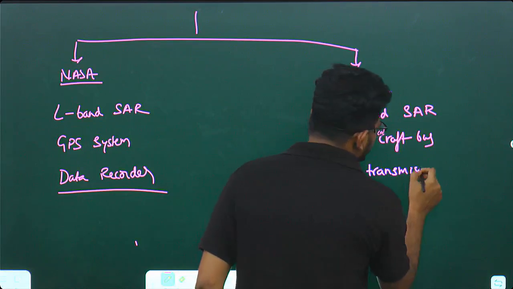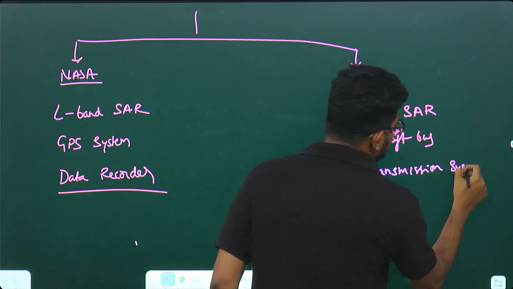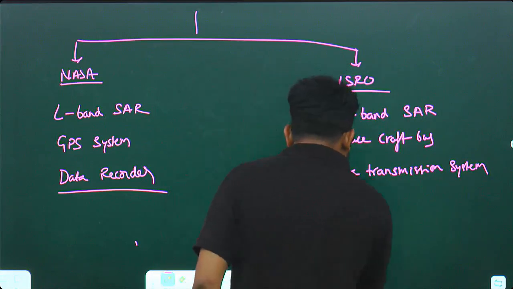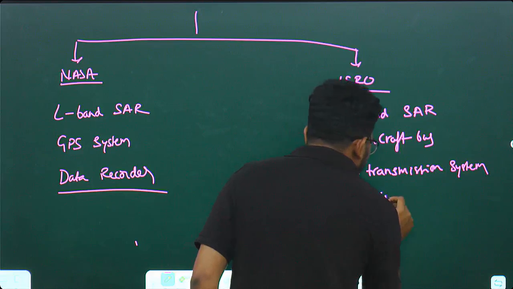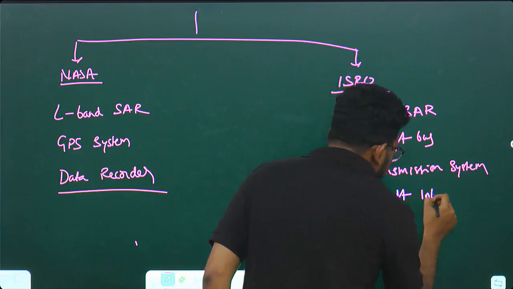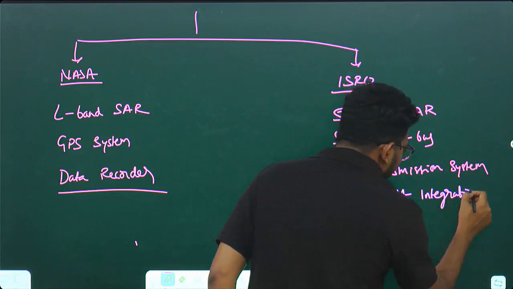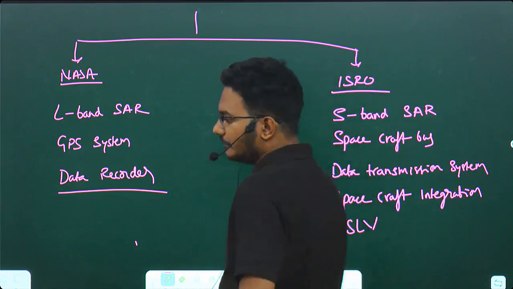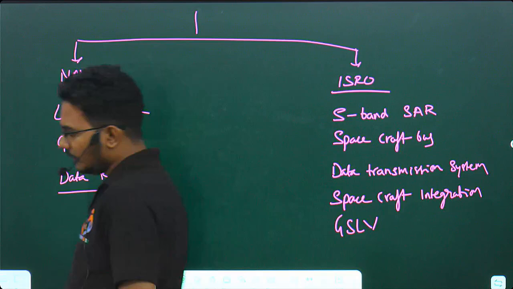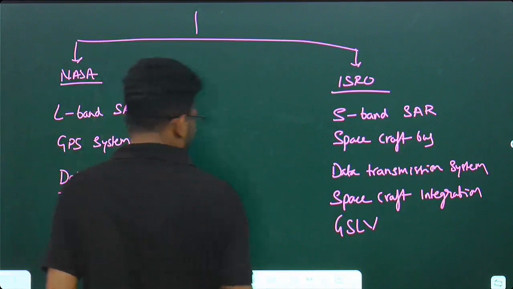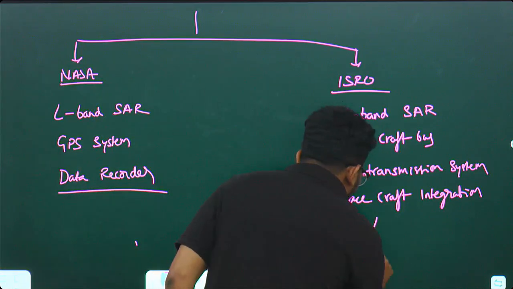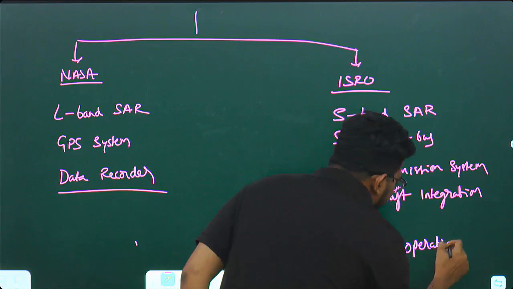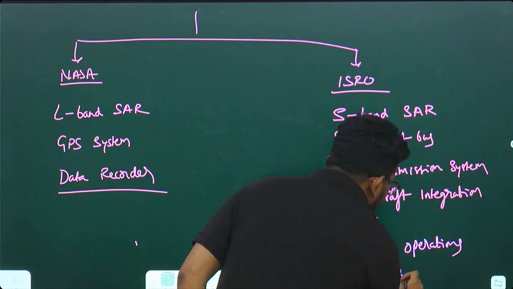Spacecraft integration. And the launching vehicle, which is GSLV. And on-orbit operations and testing. These are the contributions of ISRO.